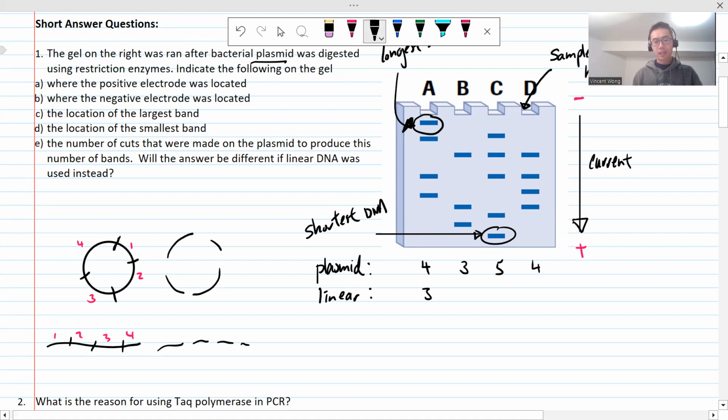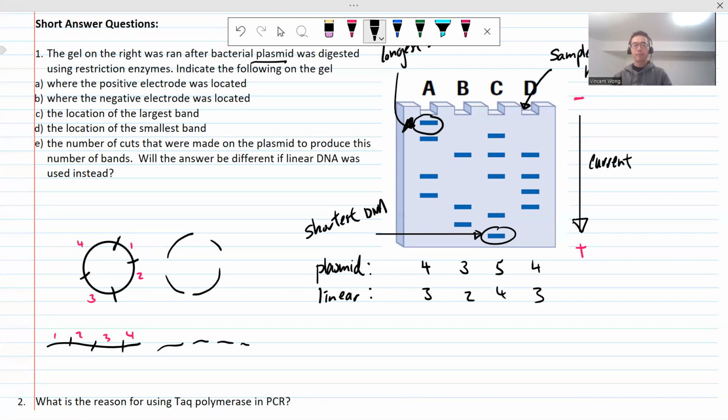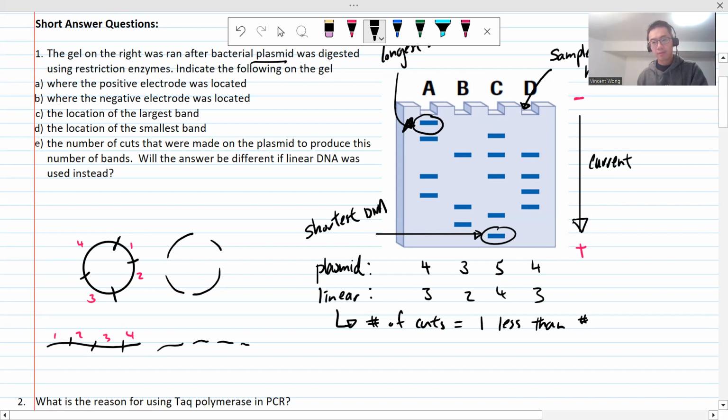Essentially, if it's linear, the number of cuts is 1 less than the number of bands.